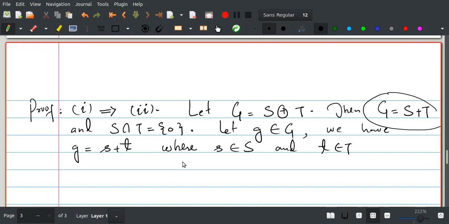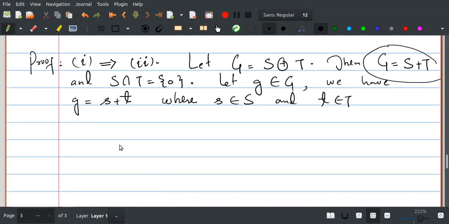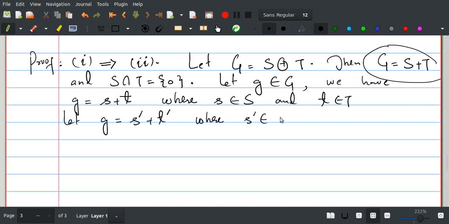What we have to prove is that this representation is unique. Let us suppose there is some other representation. Let g be S prime plus T prime, where S prime is in S and T prime is in T.